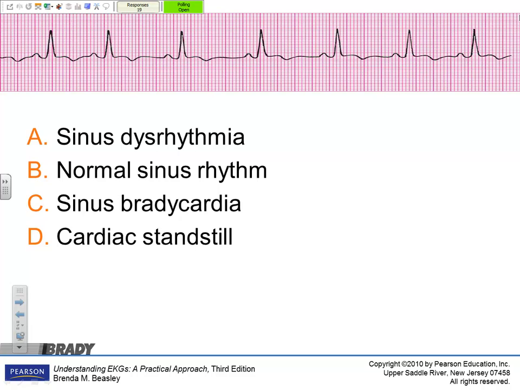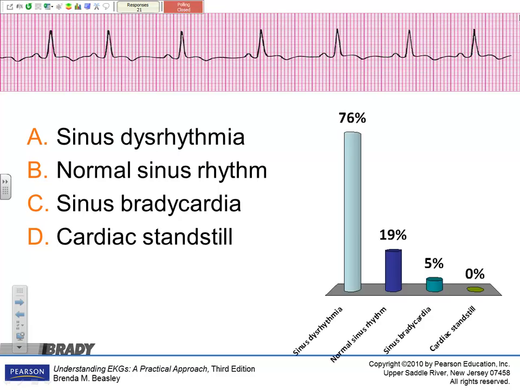Come on. If you haven't voted, get after it, guys. We're all waiting on you. Who called that sinus bradycardia? We've got some math issues, I can tell. For those of you that picked normal sinus rhythm, surely you can see the difference in this and the difference in this. That's quite significant. So that makes it sinus dysrhythmia.